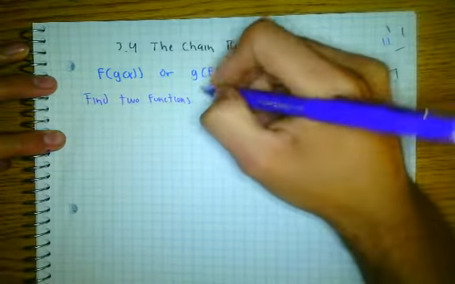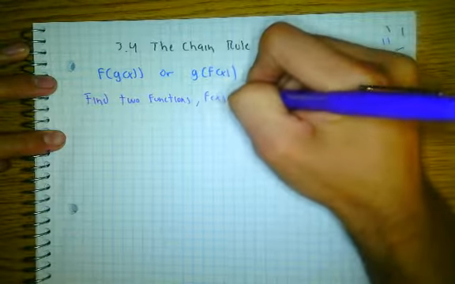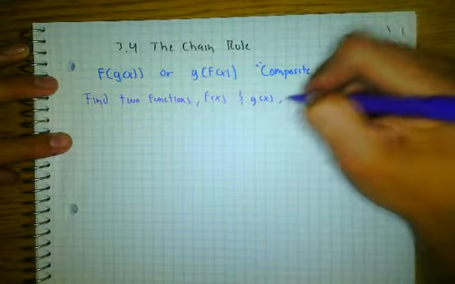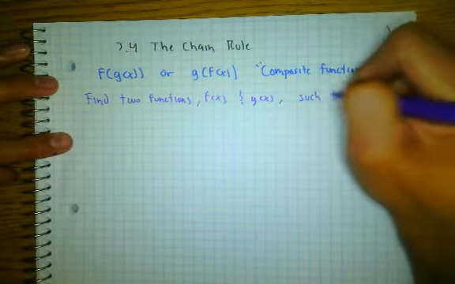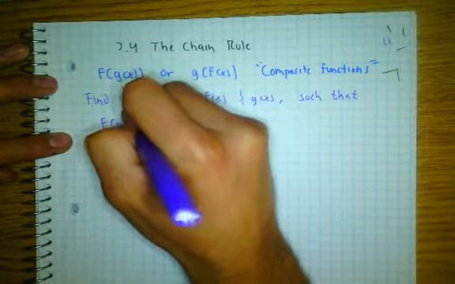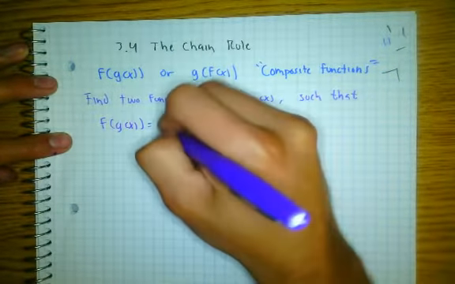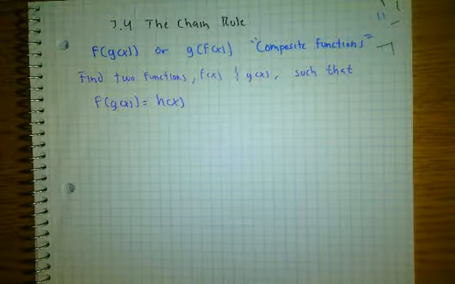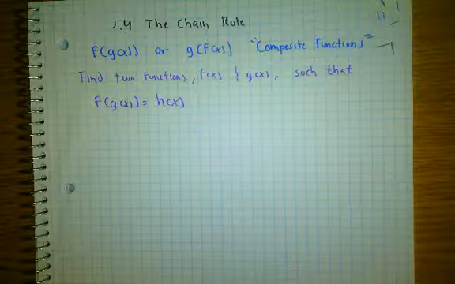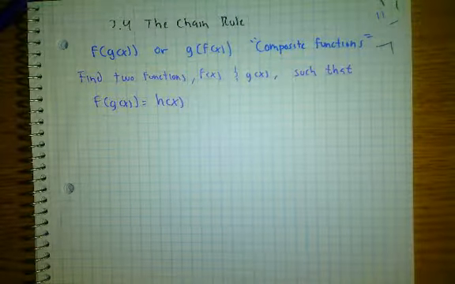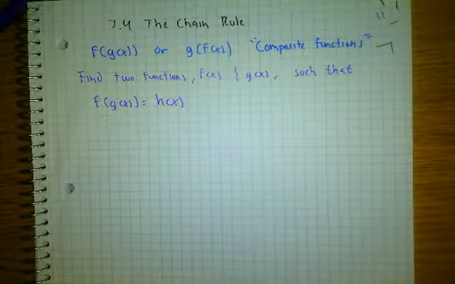We're going to call them f of x and g of x, such that f of g of x is equal to h of x. Cool? So this is just pre-calc.